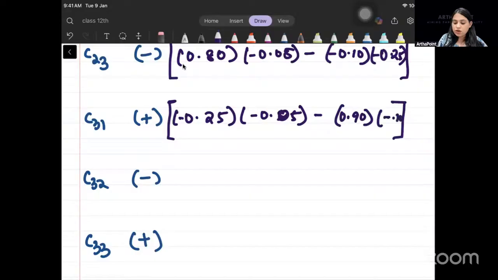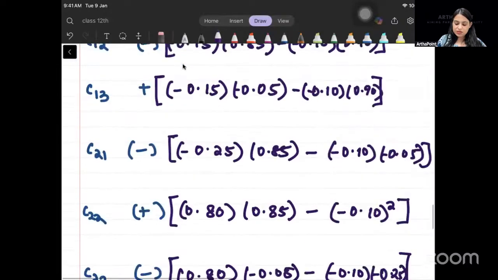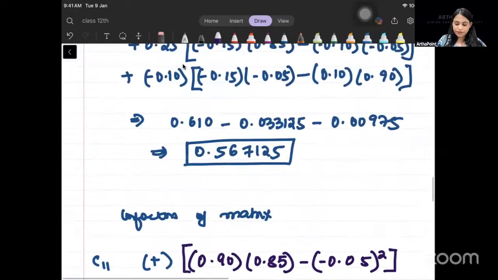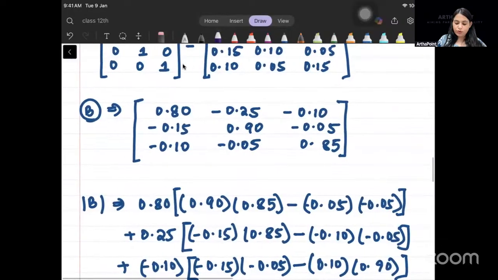Otherwise, they are not lengthy questions. Then third row and second column gone. So 0.80 into minus 0.05 minus 0.15 into 0.10.